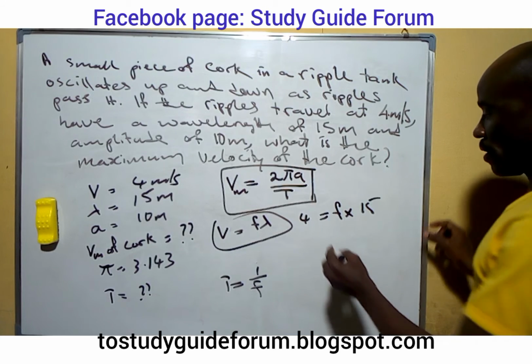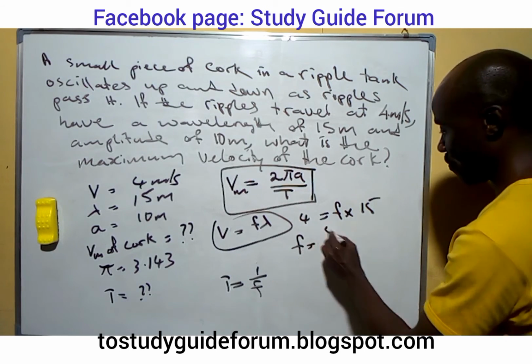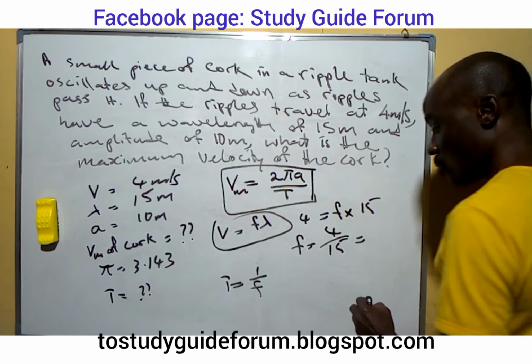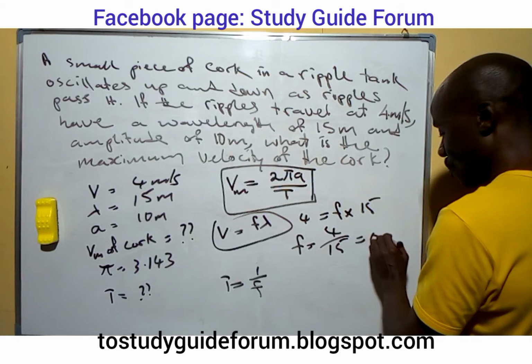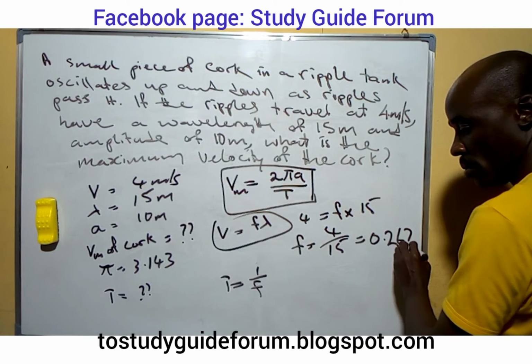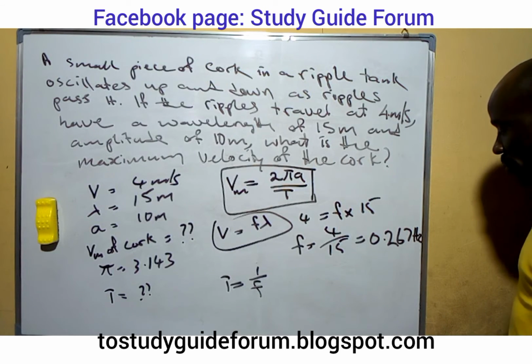So when we cross over to get the frequency, we have 4 over 15. That will give us 0.267 hertz, the frequency.